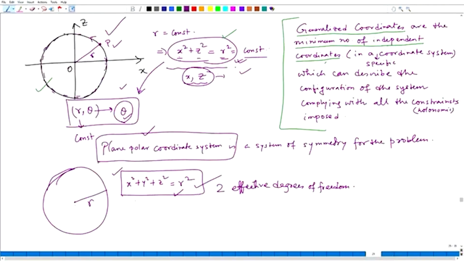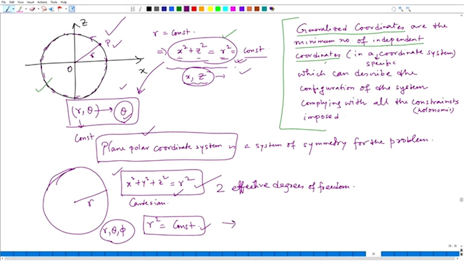So, that was Cartesian. If you take the spherical polar coordinate system, that is r, theta and phi, then again you have r square equal to constant. So, already one variable becomes constant. It will not take part in the analysis of the motion anymore in a significant way, because this is nothing but a constant.